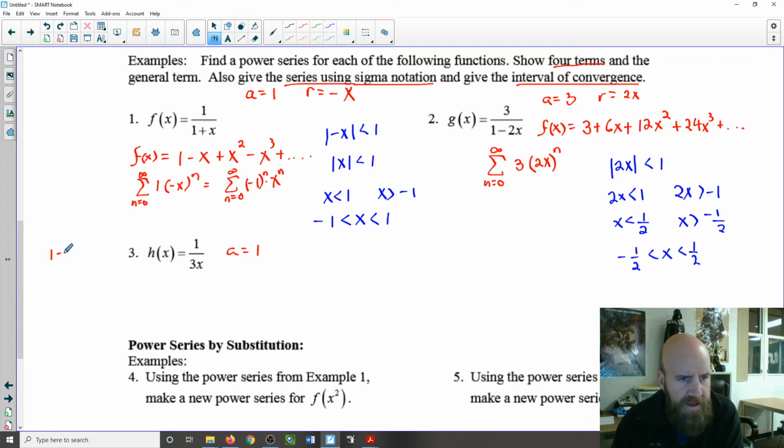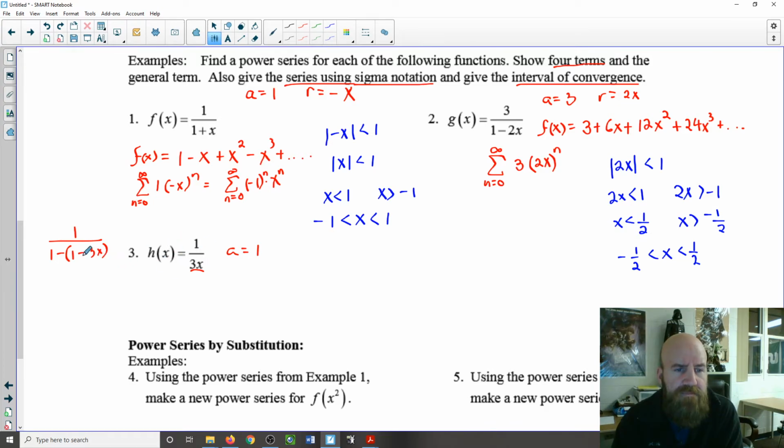We have 1 minus 1 minus 3x. Okay, so that 3x is equivalent to this. So I would subtract 1, I would get 0. Subtract a negative 3x, I would get positive 3x. So I just rewrote it a little bit. So that's what that looks like.